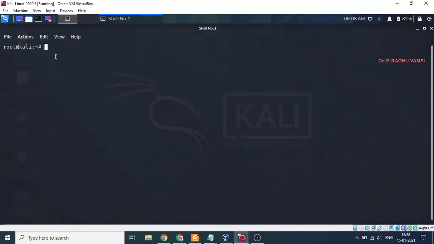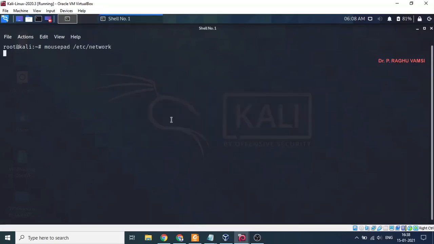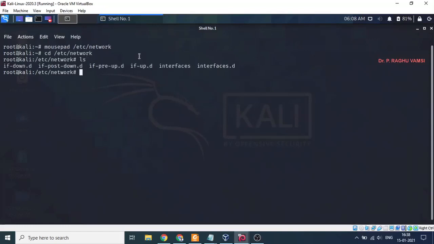go to /etc/network. Okay, this is a folder. cd /etc/network. So here the interfaces file.